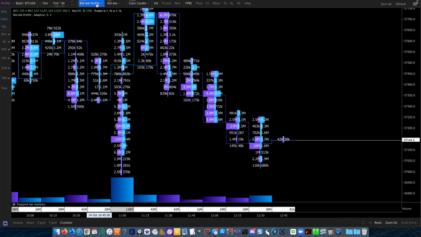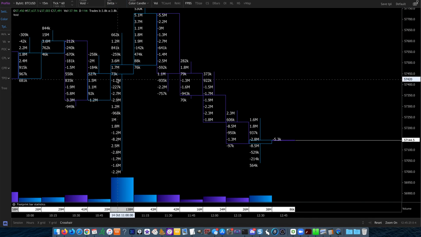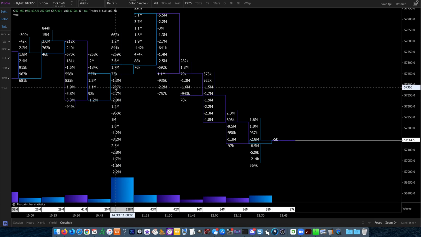So if we come back to the delta, we can see that we have a negative 2.7 million delta, which basically means there is much more selling than there is buying. Okay, so the delta is showing you the difference in the bid-ask profile by subtracting the sells from the buys.